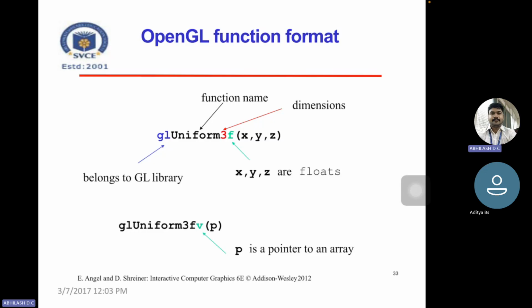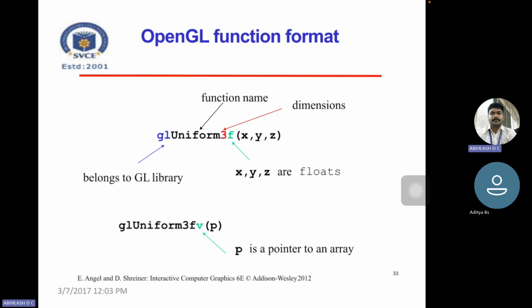For example, GL enable, GL depth test. GL depth test is actually used for a 3-dimension image. GL clear. GL clear is used for clearing the colors in the buffers to save the new colors.